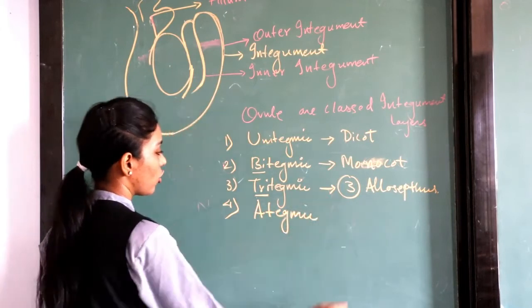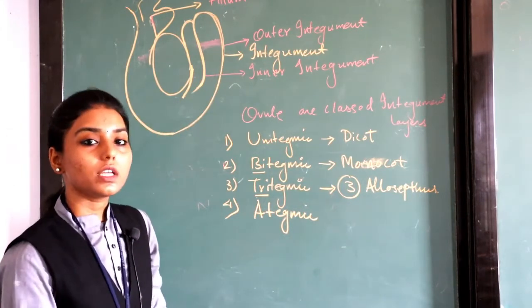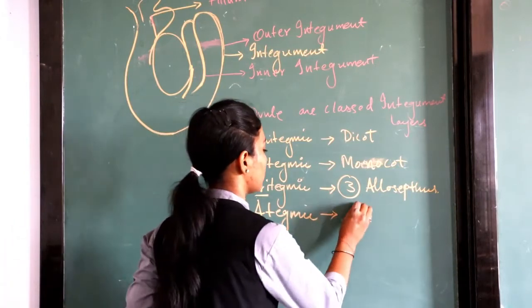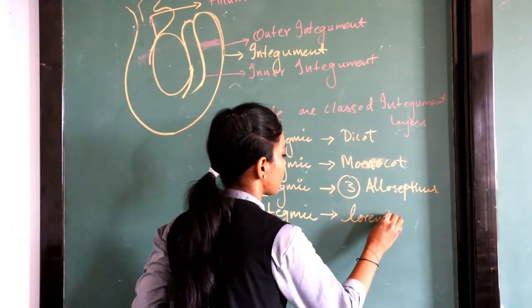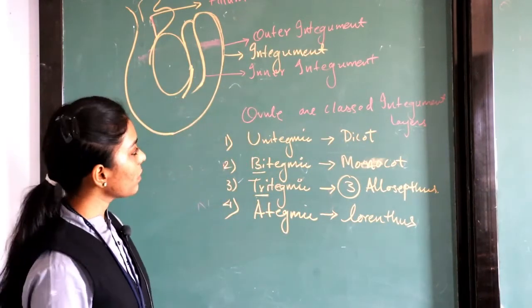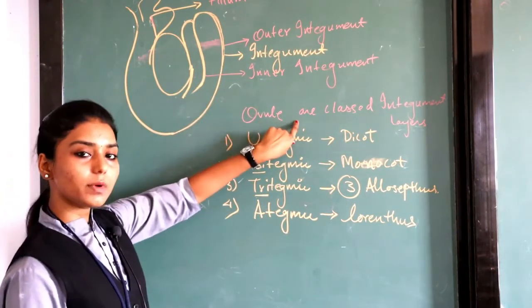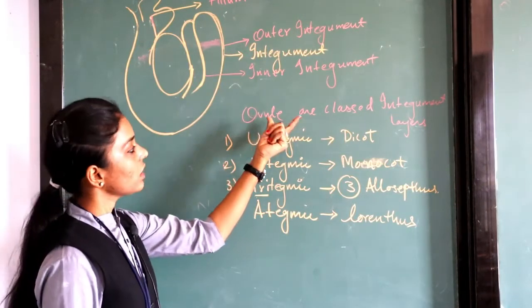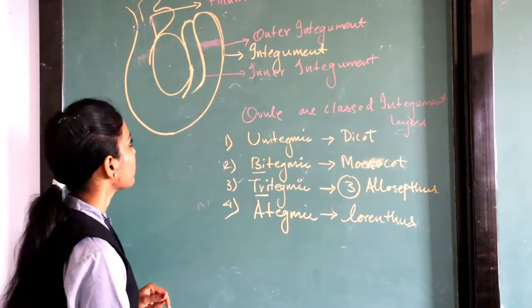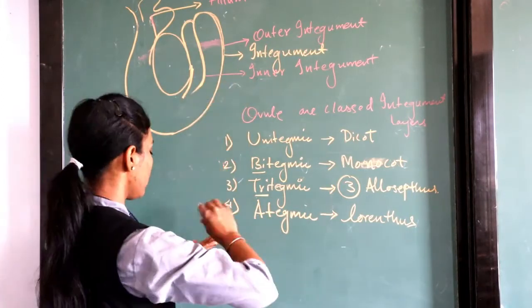Ategmic means ovules which are not covered with integuments. These are mostly seen in Loranthus. I hope you are clear with the integuments, and based on the integument covering, ovules are divided into 4 types. Now the integument part is over.